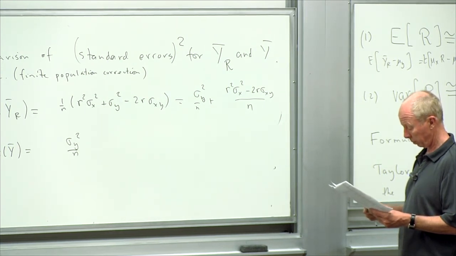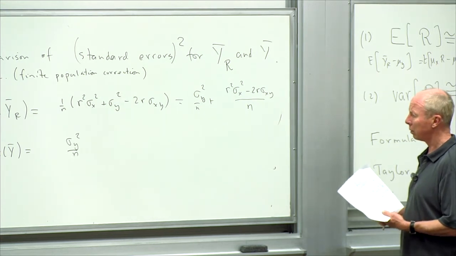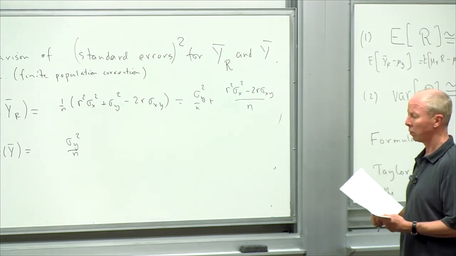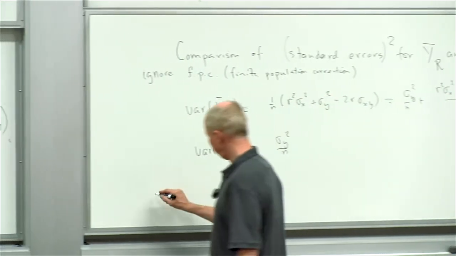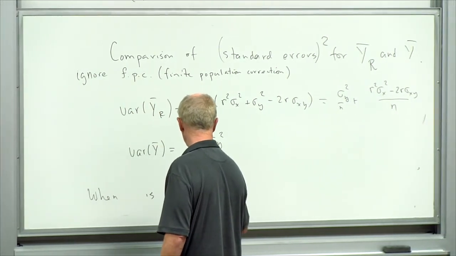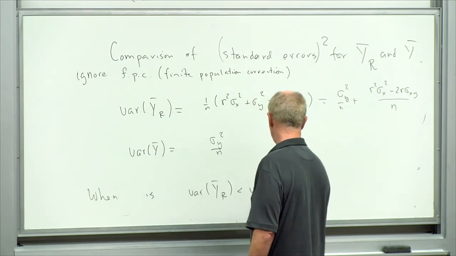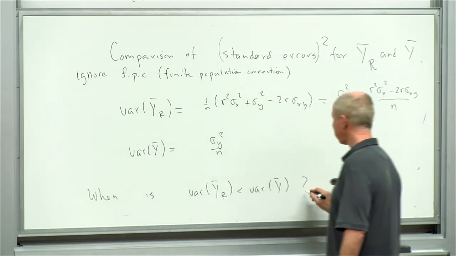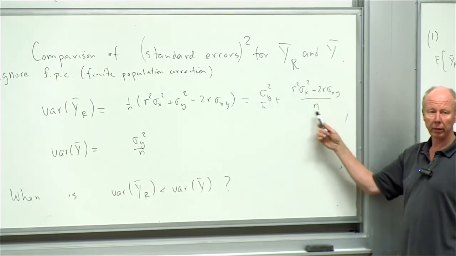Okay. So when is the variance of y bar R smaller than the variance of y bar? Well, as you can see, that's when this term is negative, right?